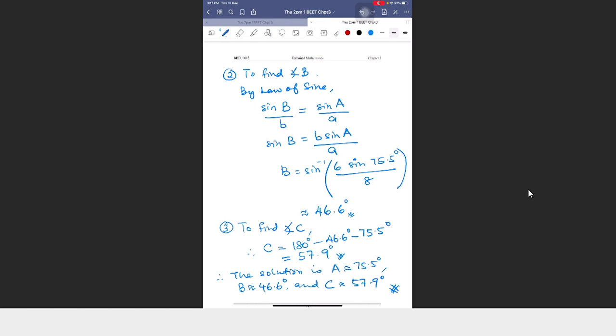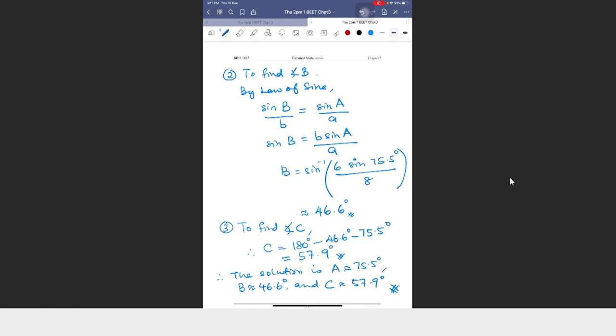In case 3, the first step is to find the missing length by using law of cosine. After that, the second step, you will use law of sine. Then the third step, mostly you just need to subtract the two angles from 180 degrees to get the last angle.